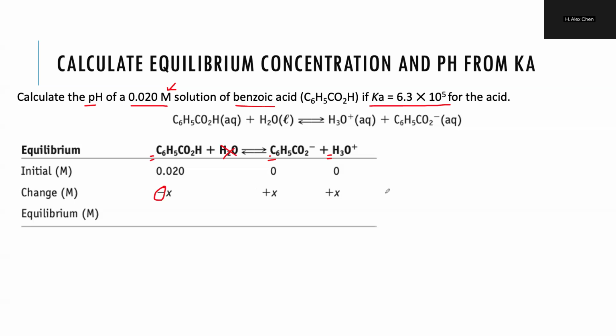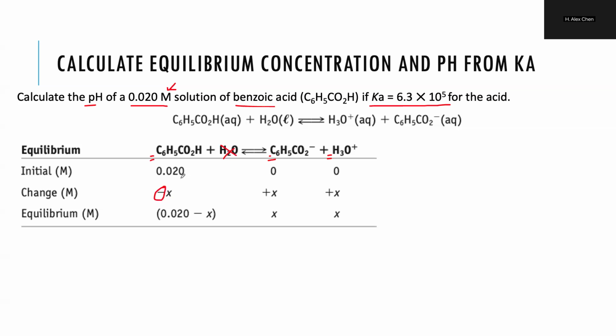And for equilibrium, I'm going to do initial plus change. So here 0 plus x, 0 plus x. For the acid, 0.020 plus negative x, which is 0.020 minus x.